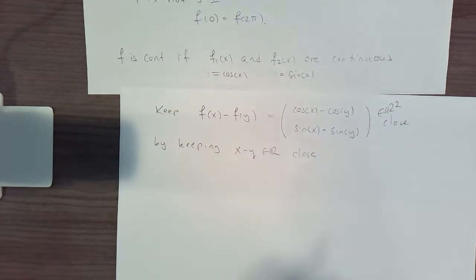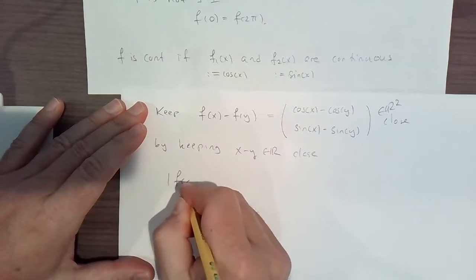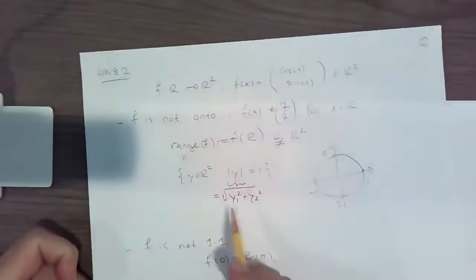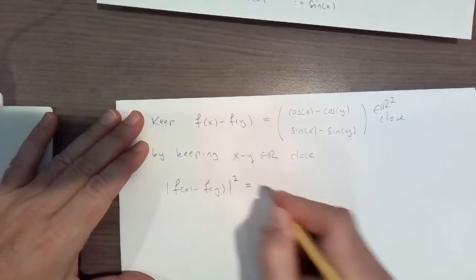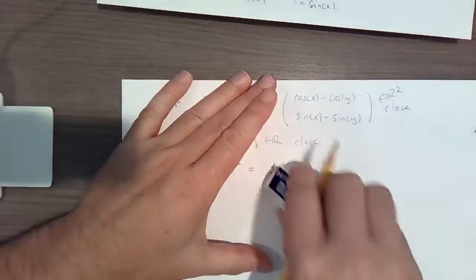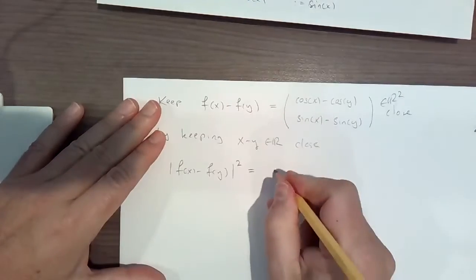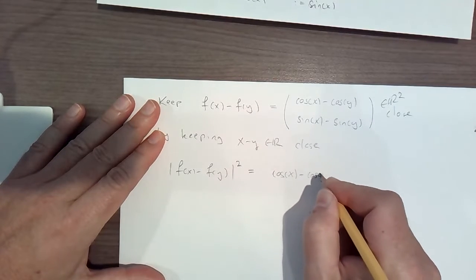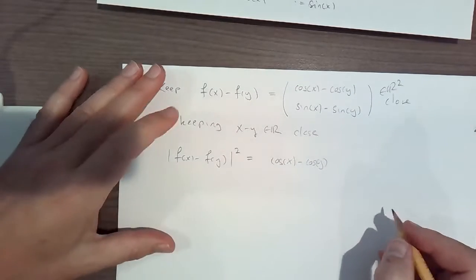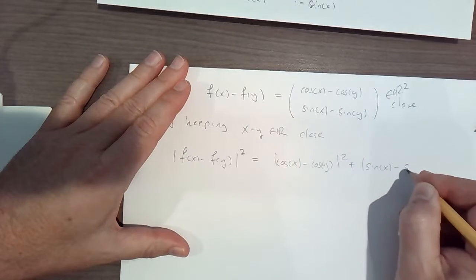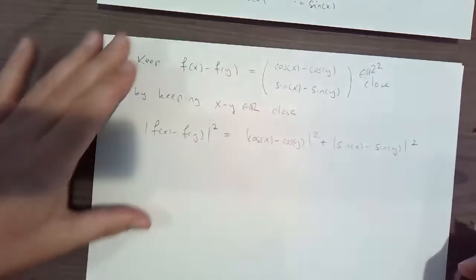So again, how do we measure closeness? The absolute value of f of x minus f of y is defined the same way as over here: just sum up the squares and take the square root. So this is the square root of cosine of x minus cosine of y, squared, plus sine of x minus sine of y, squared.